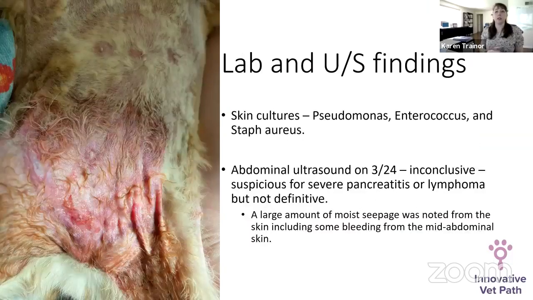So they did some more workup. They did some skin cultures and identified Pseudomonas, Enterococcus, Staph aureus. And the 3 main differential diagnoses to consider for lesions on the ventral abdomen of a cat include atypical mycobacterial infection.